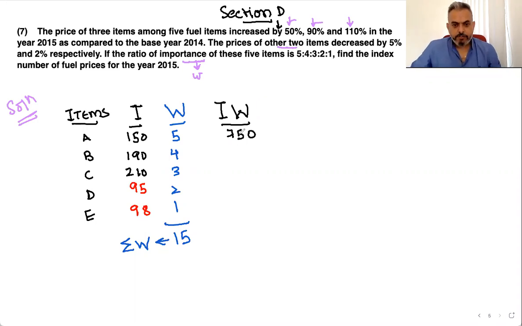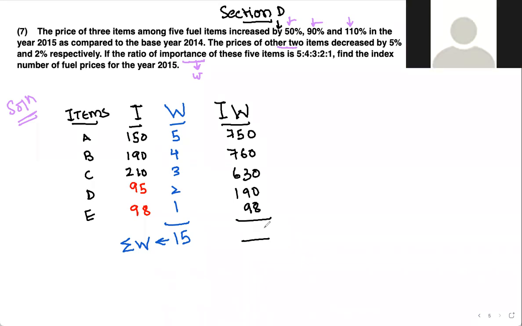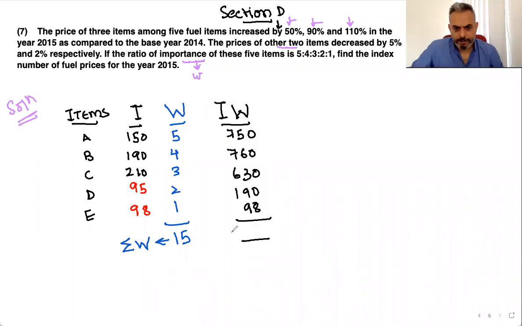750, 760, 630, 190, and 98. 2428 is sigma IW. So let's find out index number.